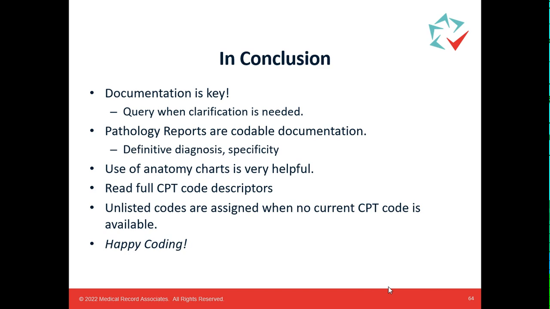Make sure your documentation is supportive. In some cases, you may need to use an unlisted code. Remember, we can't code something that's close to or almost the right code. If we don't have a code available, we are told to use that unlisted. So really look in your book, see if you can find that code. If not, don't be afraid of those unlisted codes. They're there to help you when you need them.